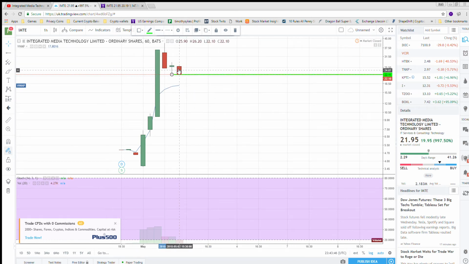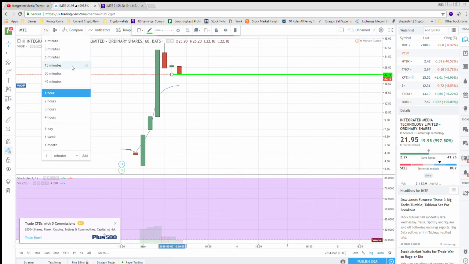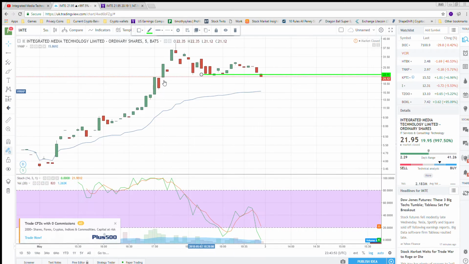So I can't see any resistance points around this time frame, so we're going to go into the 5-minute time frame and see if we can see a couple of resistance points. I'm just going to get that to 22, perfect. So I can already see one around this price here.